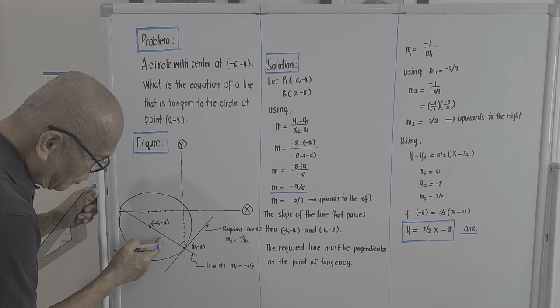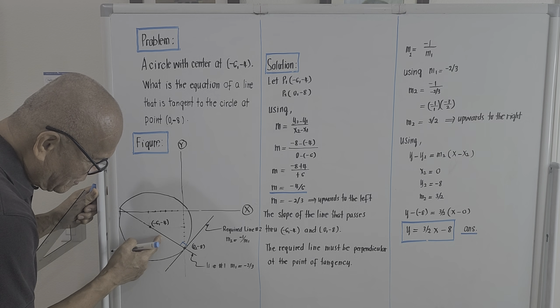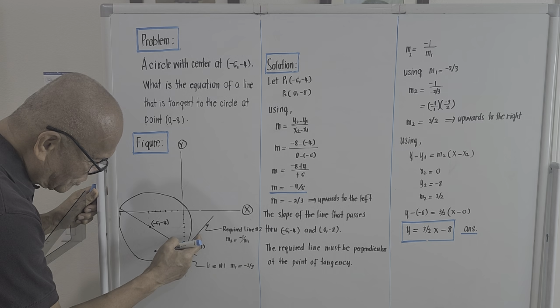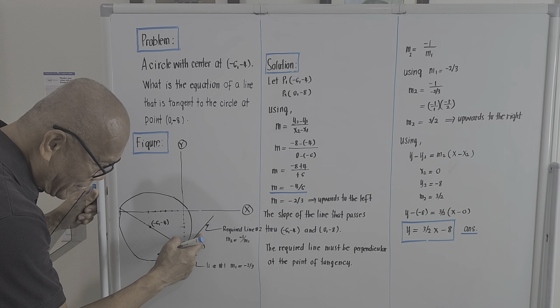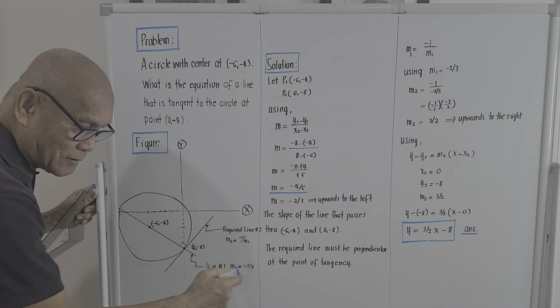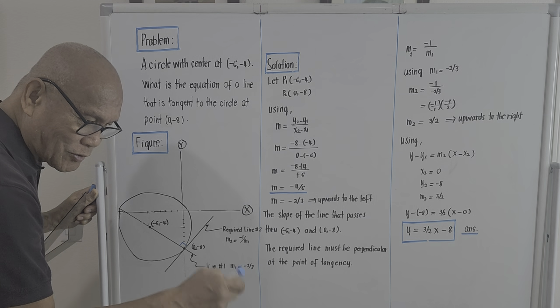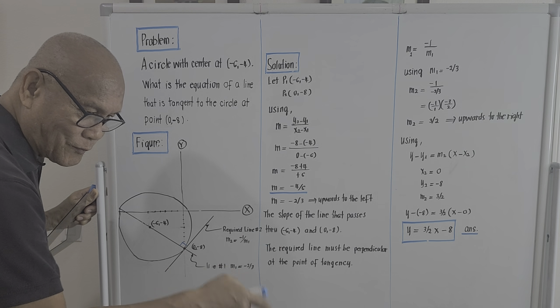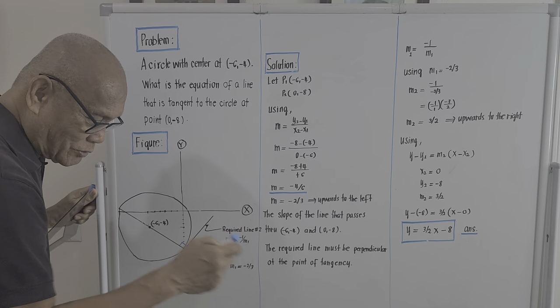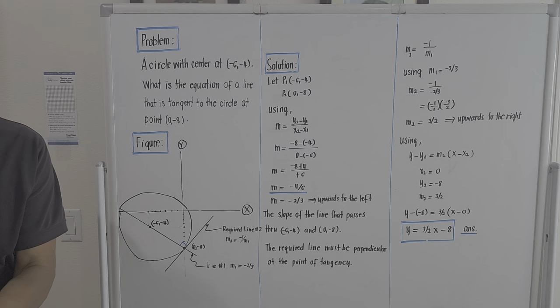So if we know the slope of the first line, we could take also the slope of the required line. And upon taking the slope of the required line, by using the point slope form, we could now compute for the equation. Okay, let's proceed with the solution.